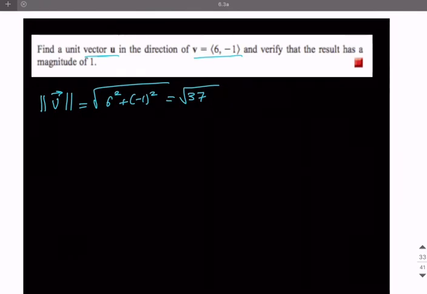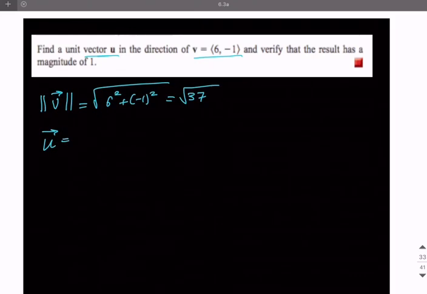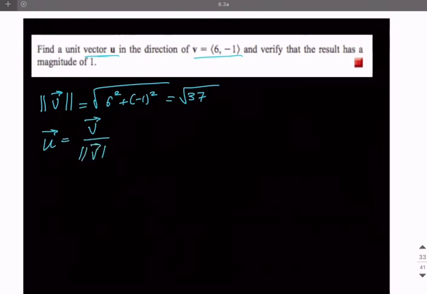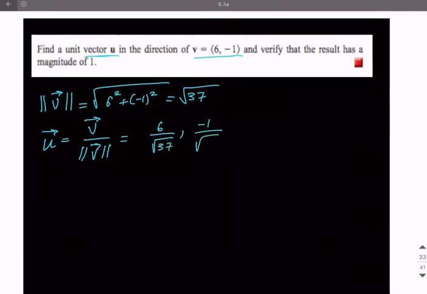So vector u, which is a unit vector in the direction of v, is going to be vector v over the magnitude of v. So basically that's 6 over root 37, comma negative 1 over root 37, and you can leave it in this form.